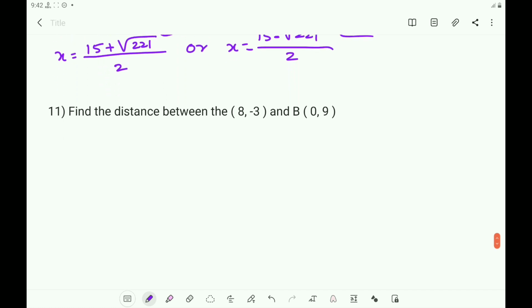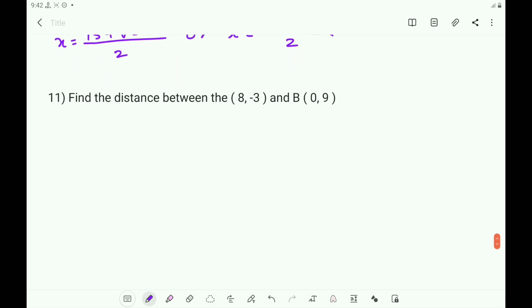Next question, find the distance between the points 8, minus 3 and 0, 4. Here we have to use the distance formula.